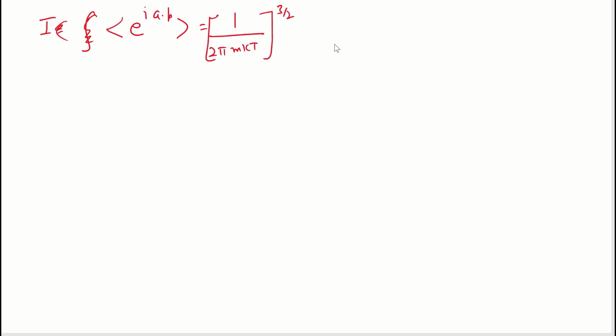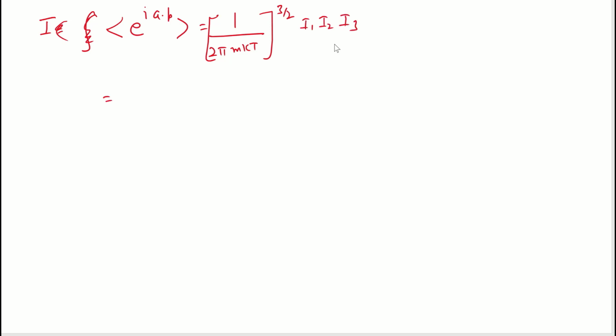So our final result, that is I, which is the expectation value of exponential i a dot p, is equal to 1 upon (2 pi mkT) to the power 3 by 2, times I1, I2 and I3.